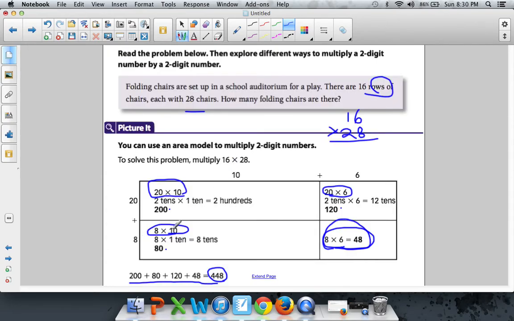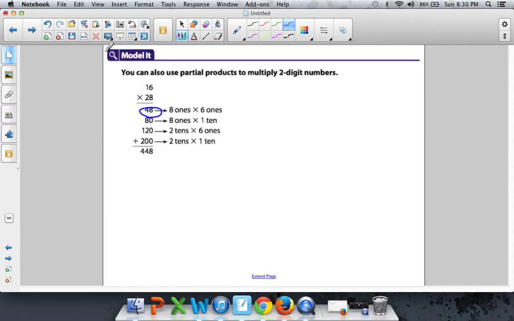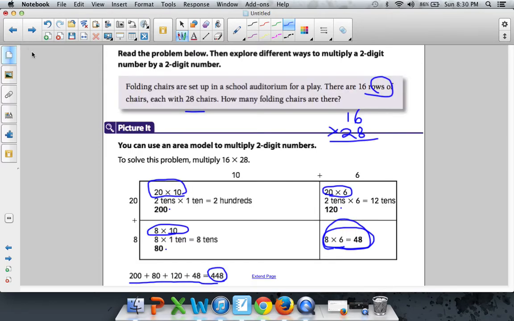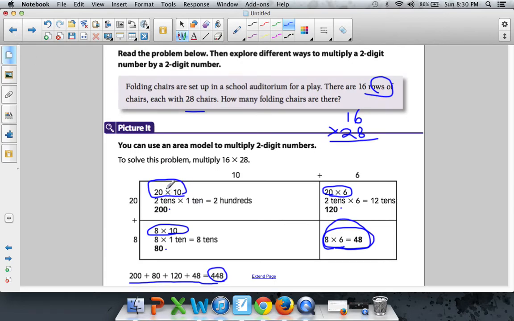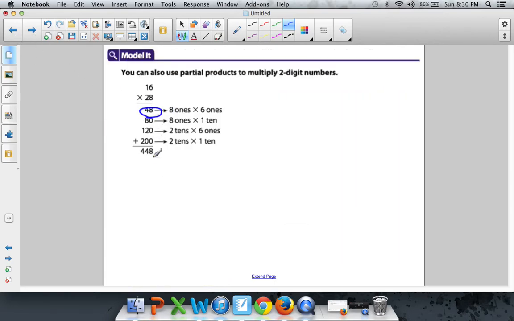Then they did 20 times 6, just like in the picture. Then they did 20 times 10, just like in the picture. So it's 2 different ways to find out that the answer is 448.